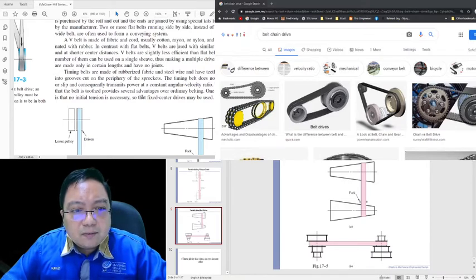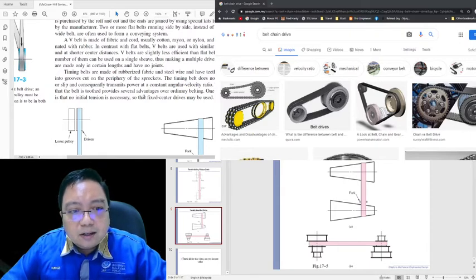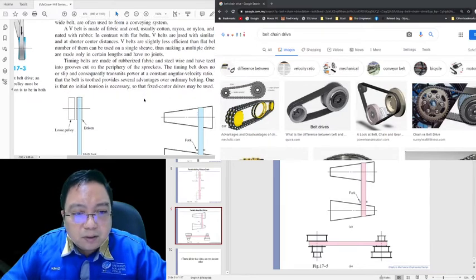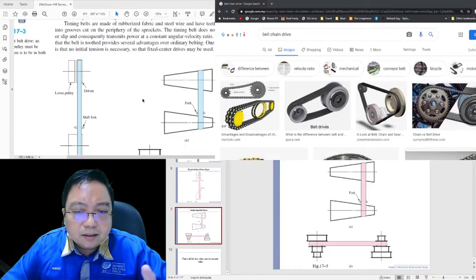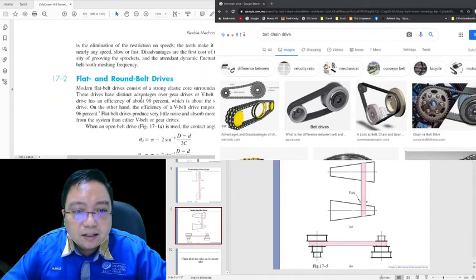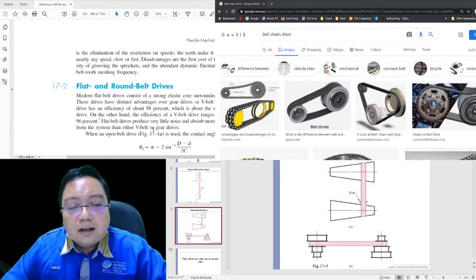The fact that the belt is toothed provides several advantages over ordinary belting. One is that no initial tension is necessary, so that fixed center drives may be used. No need to tension. This is the advantage of timing belt.